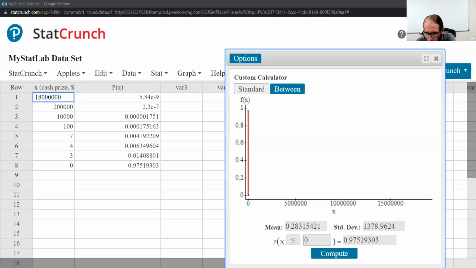So just the winnings, when we round to the nearest cent, that would round to 0.28, 28 cents. And subtract $1 from that because you spent that. That's going to be a loss of 72 cents. So negative 0.72.